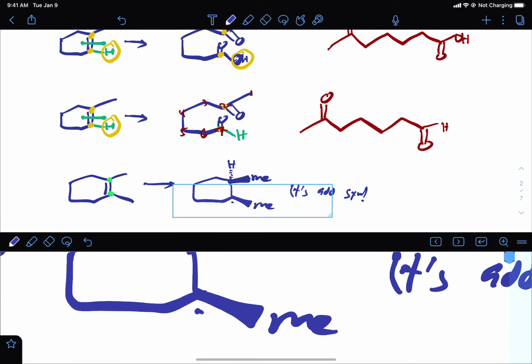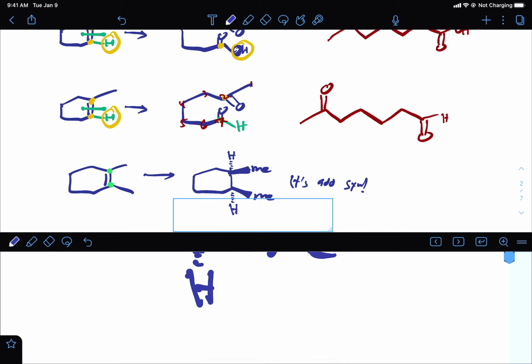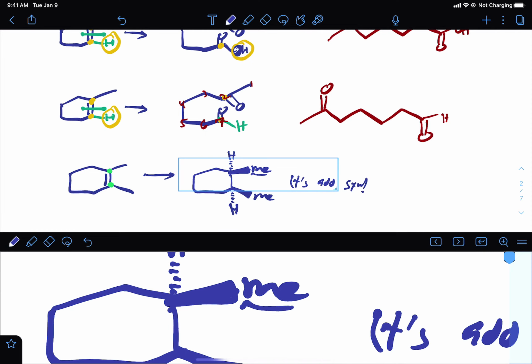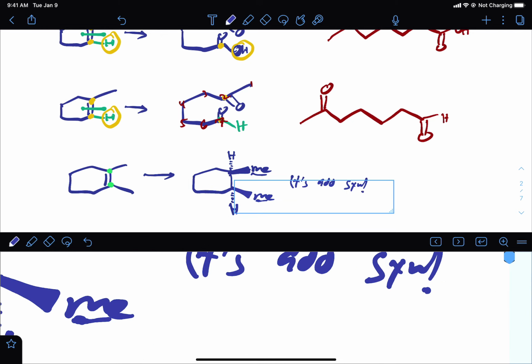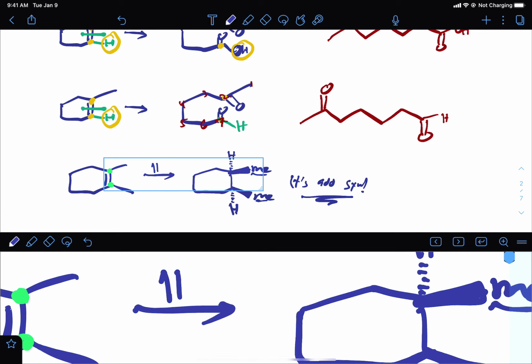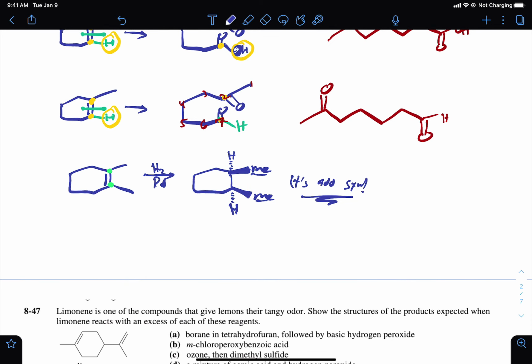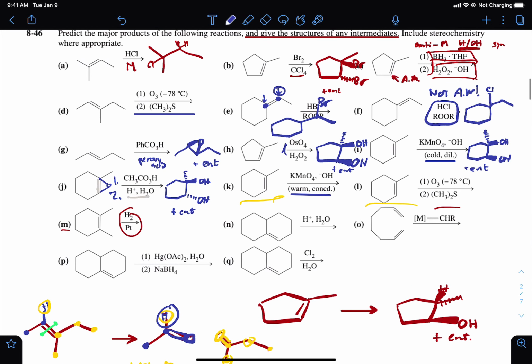And then the H's add dashed. Okay. So there is important stereochemistry. The methyls have to be together. You can't just plop the H's down and forget about it. Okay, they do add syn with H2 and platinum. Or I think they used palladium here. Oh no, it was platinum.